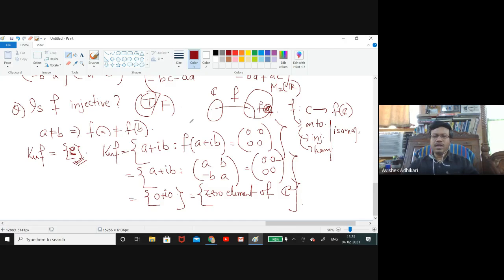So what you algebraically tell is that C and FC are isomorphic as rings. As a result, C must be identically the same as FC with respect to algebraic operations. So you can think of C as lying inside M2(R).